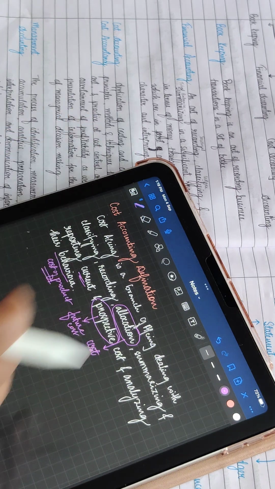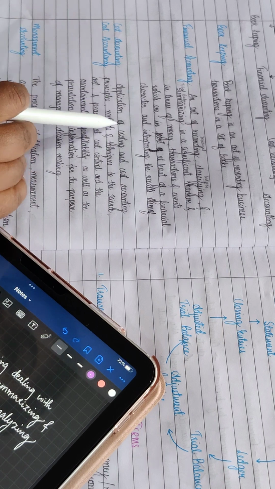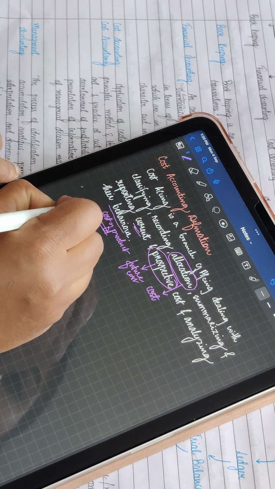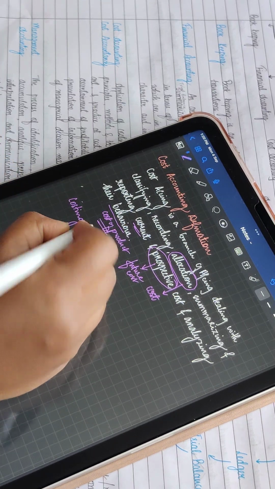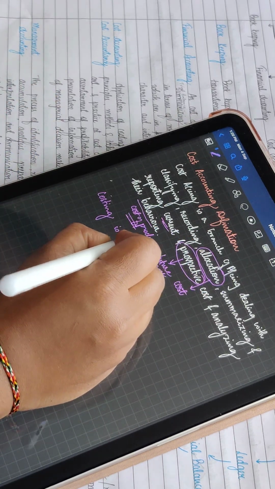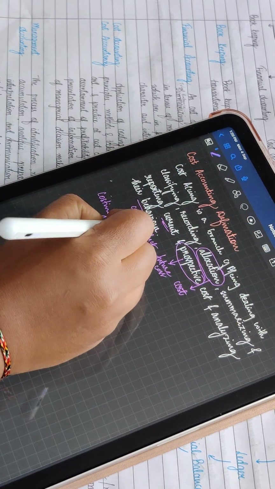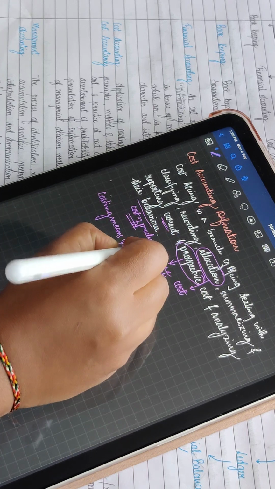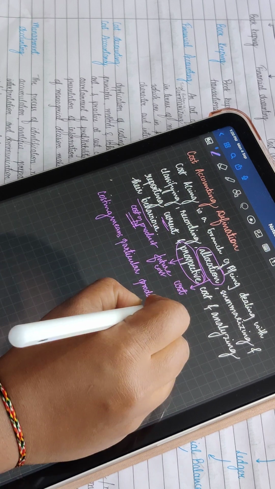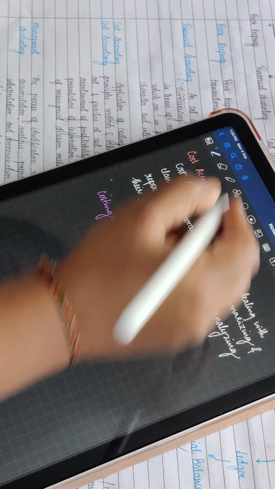Okay, now what is cost accountancy? We'll see. Cost accountancy is application of costing. What is costing? Costing means particular product cost, that is price of a product.